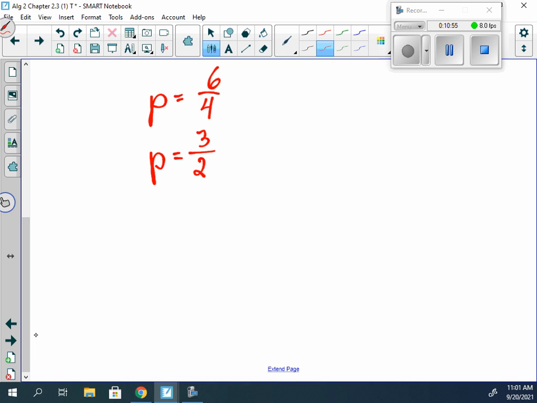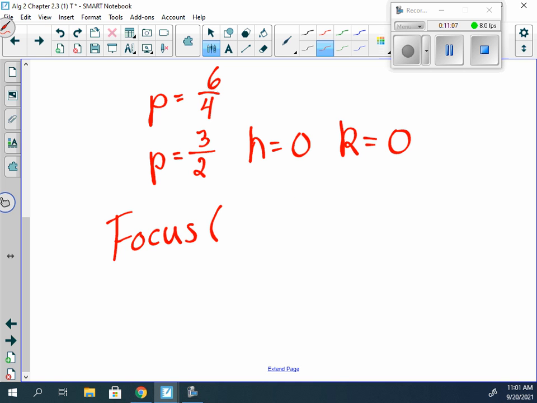Now, we already said the value of h is 0. The value of k is 0. Now, since the y value is squared, our focus is going to be what? h plus p comma k. Because again, we're just going back from the original general setup. x equals 1 over 4p times y minus k squared plus h.